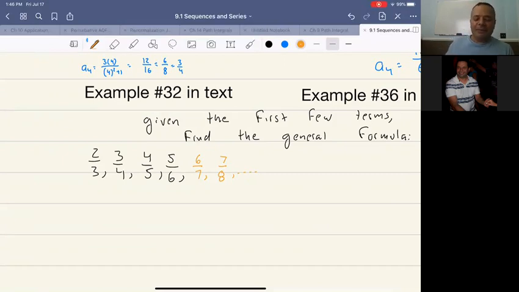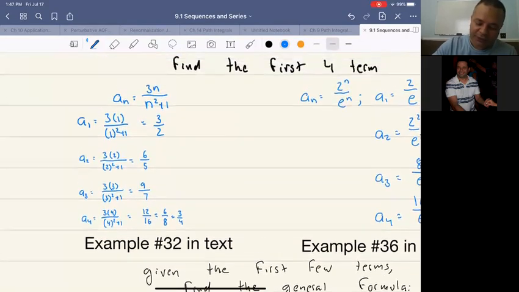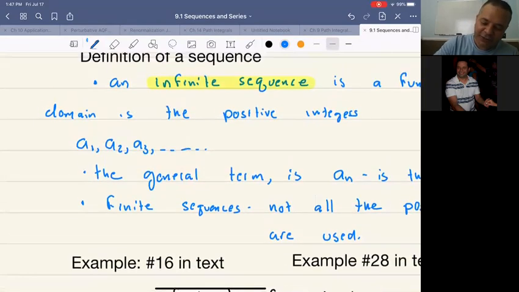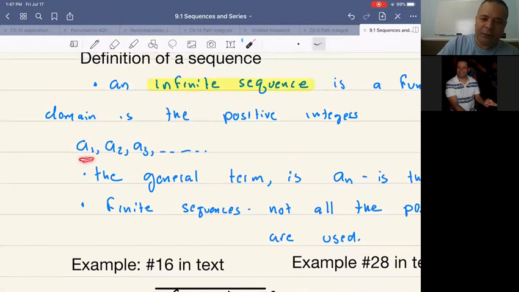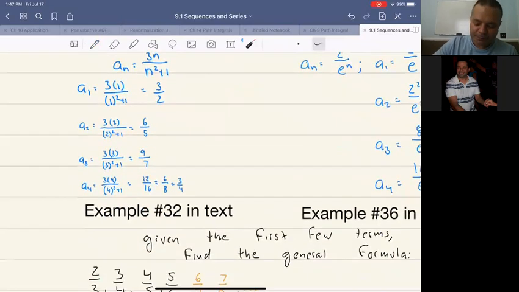So now, what is the term? Well, we think of this as being a sub 1. This is a sub 2. This is a sub 3. I'm going by what we started. The definition said we always start with a sub 1. Some people start with a sub 0, but we're doing a sub 1.